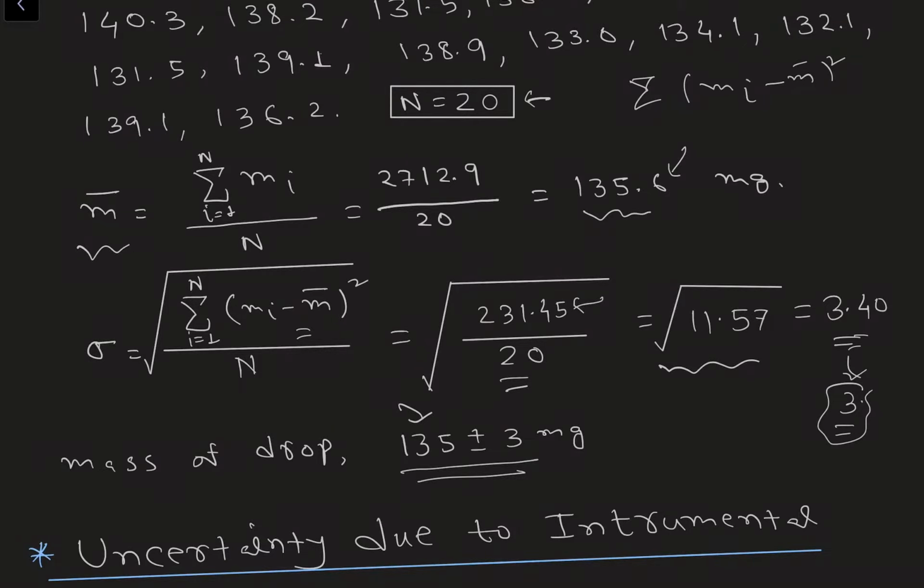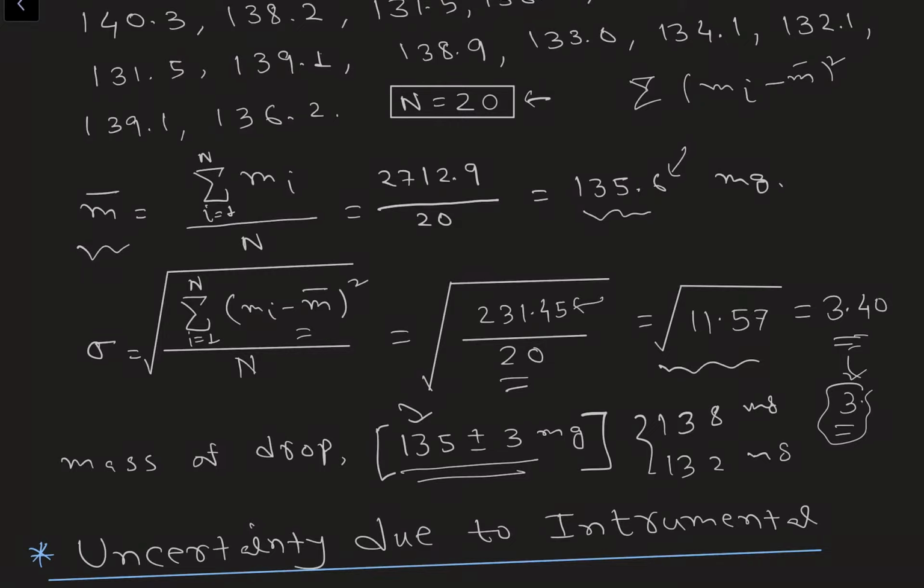What it is suggesting is, if someone came and took a measurement of a single drop to find the weight of a droplet, the weight of the drop will be in this range. He may get a weight of 138 or 132.